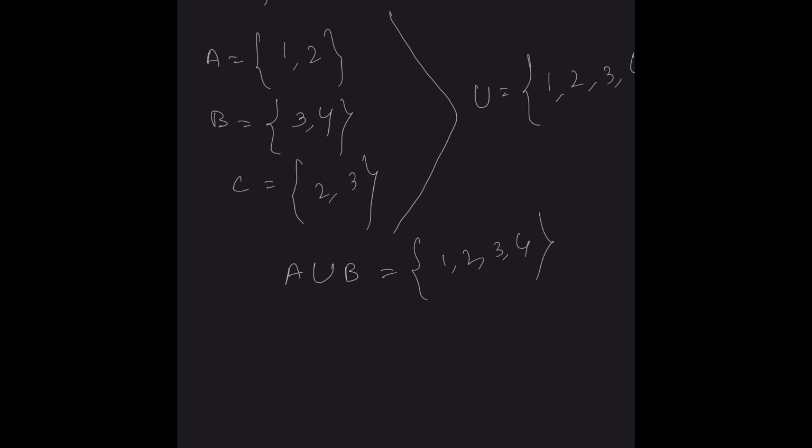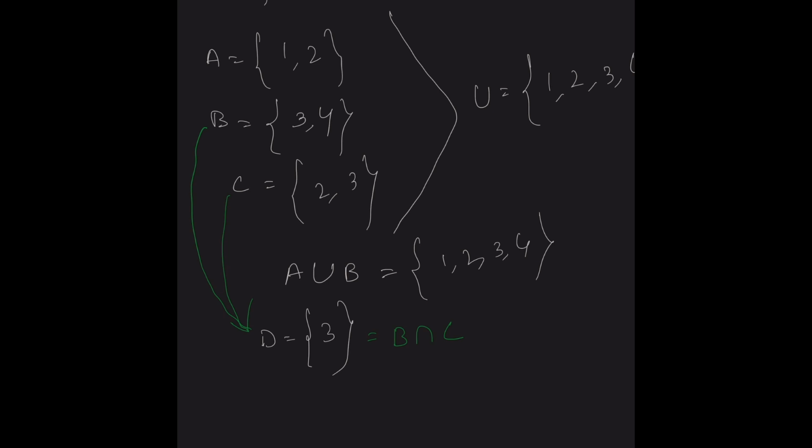If we are to write a set D, which will have the common values of B and C, which here is 3, right? Then we can write this as B intersection C.